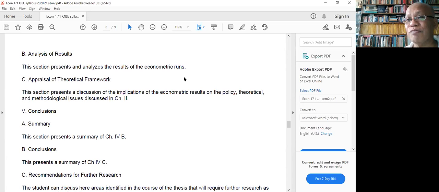Such tests for autocorrelation will already be provided, but they may not be that relevant.